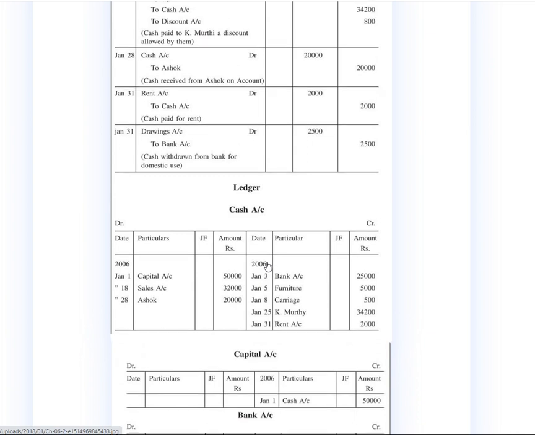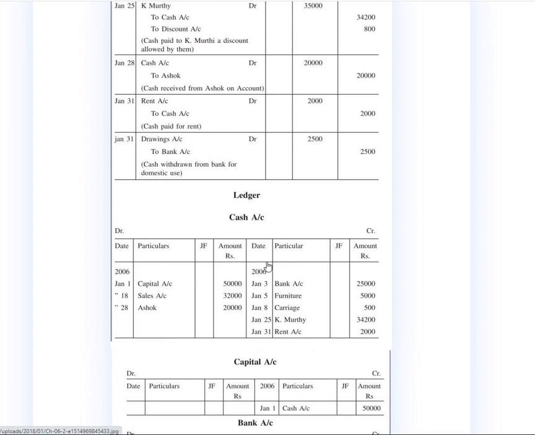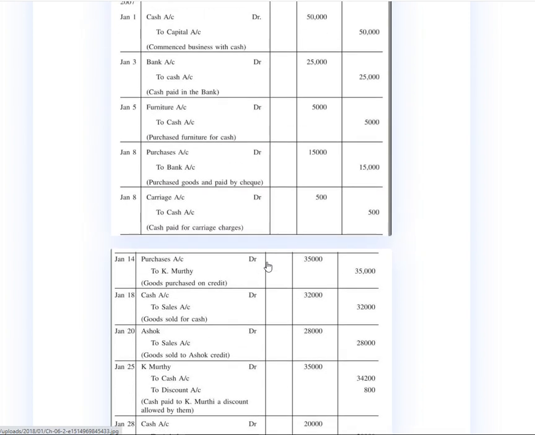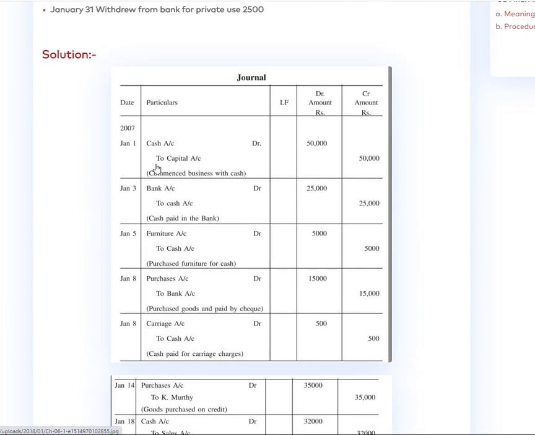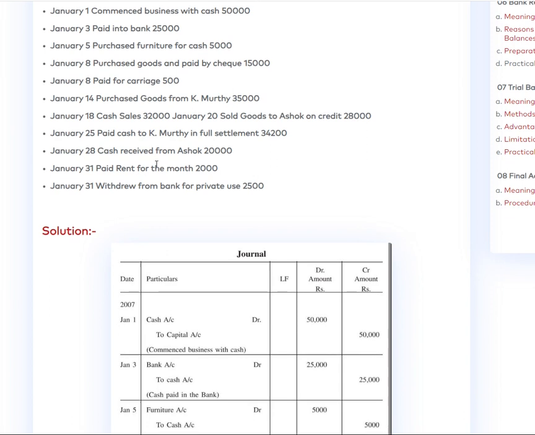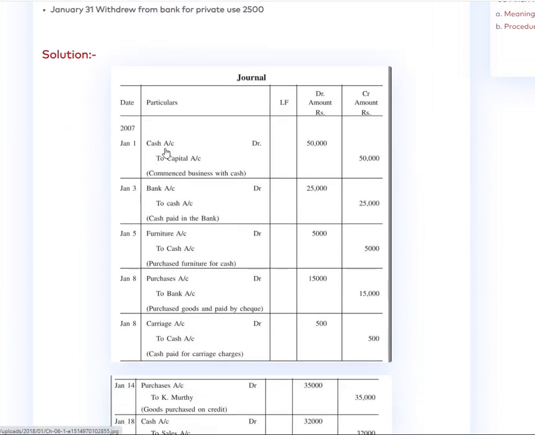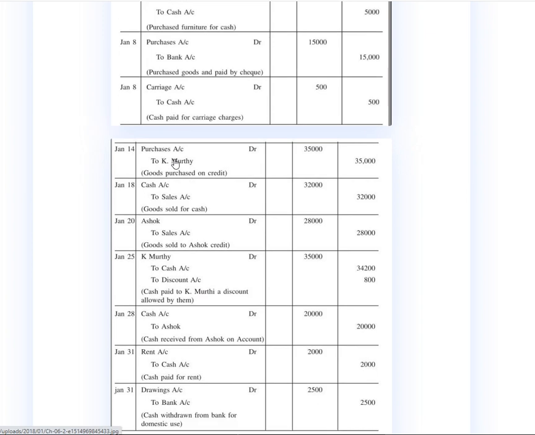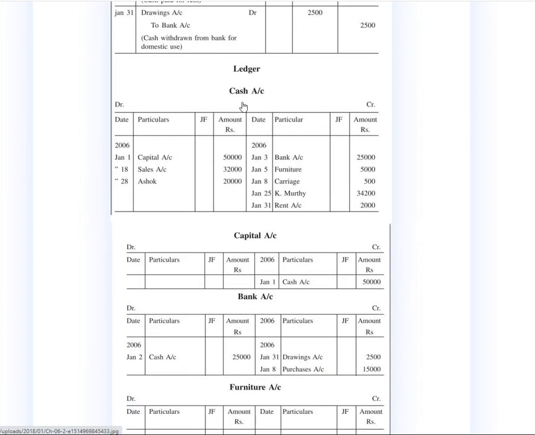If you observe how these ledger accounts are prepared, the first transaction was to commence business with cash of rupees 50,000. The journal entry for that was cash account debit to capital account. Here you have to prepare two accounts: one is the cash account, another is the capital account. See how you prepare that.